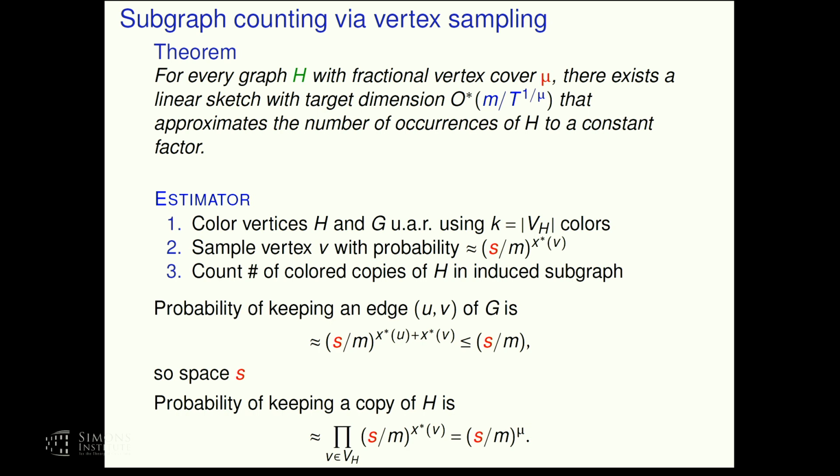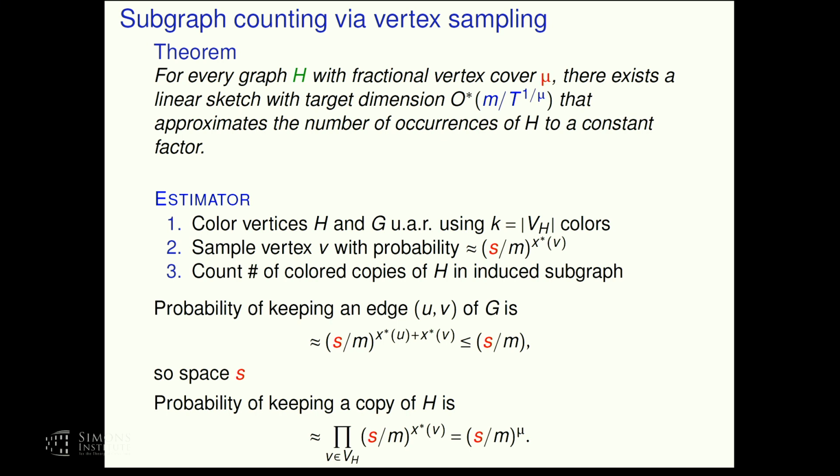And this is at least 1, so the probability of sampling any given edge of G will be at most the correct space amount. Good. And some further contemplation reveals that the probability of keeping a copy of H is related to the actual vertex cover size, because we just have to keep every single vertex. And you get a product over all vertices of that copy, and that's exactly what happens.